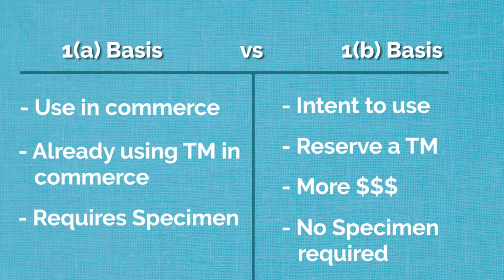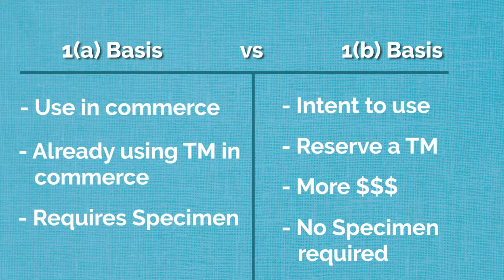Most of the time, 1B applications are used by pharmaceutical companies, because when they're developing a drug, it takes months and sometimes years for them to do the clinical tests, do research in the lab and all of that. So they want to go ahead and reserve a brand name before they actually have the product, or in this case, the drug.